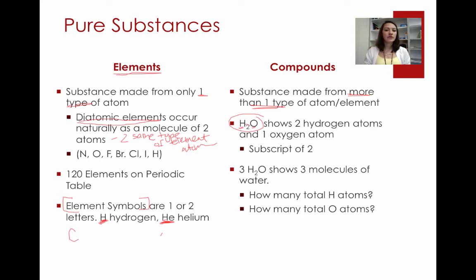The little 2 reflects that there are 2 hydrogen atoms. There's no 1 here, but that there's nothing there implies that there is 1 oxygen atom. So 2 hydrogen, 1 oxygen.